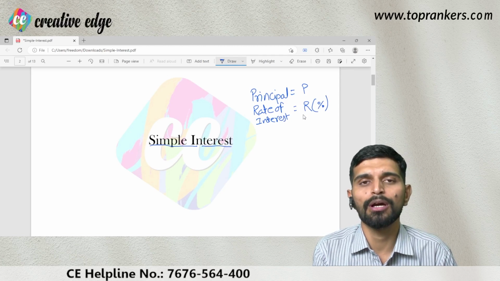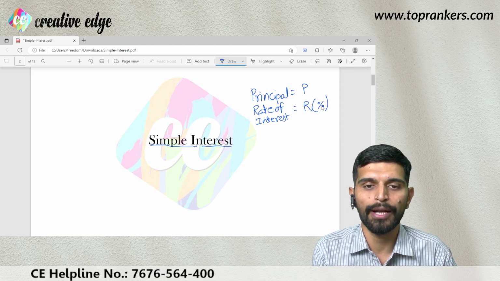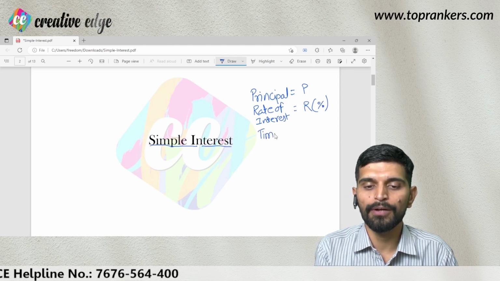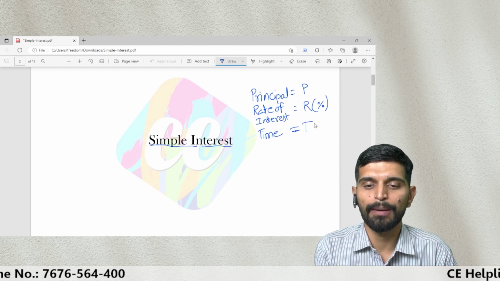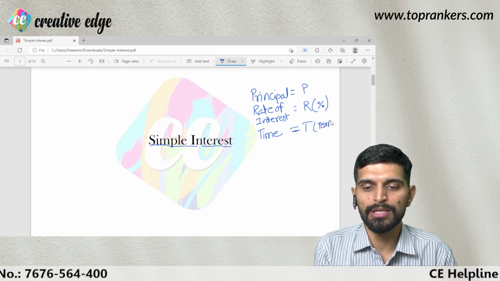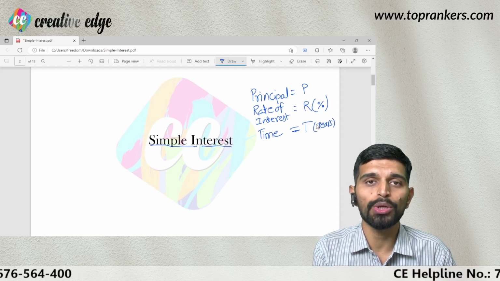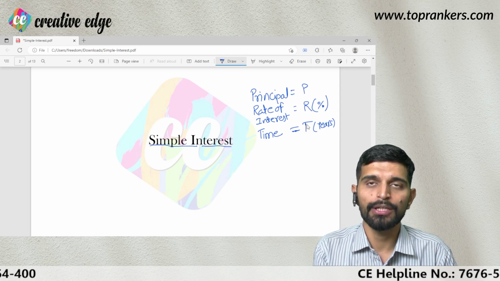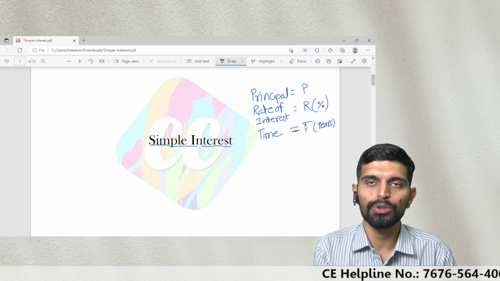And most of the time, this is annual interest rate, right? And then the time period for which the money is lent out or the money is borrowed is represented by capital T, and this time is in years. If it is not in years, we will be converting it into years. Clear? If time is not given in years, say months or days, then we will be converting it into years.